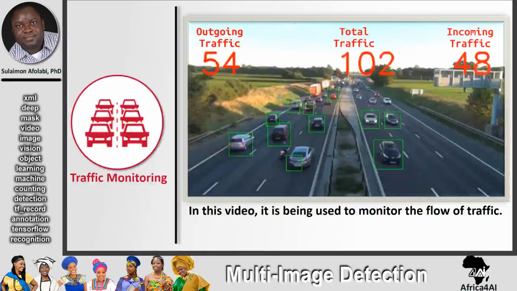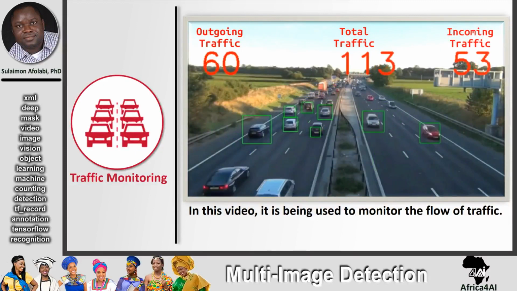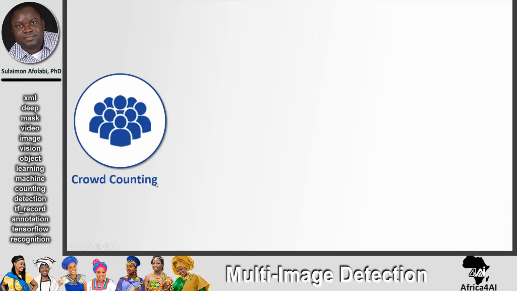You can see here that it is detecting the vehicles and giving us information on the number of vehicles that have come and those that are going. You can also do more than this. You can categorize into the type of vehicle, maybe trucks, pickups or bakkies, cars or buses, as the case may be.